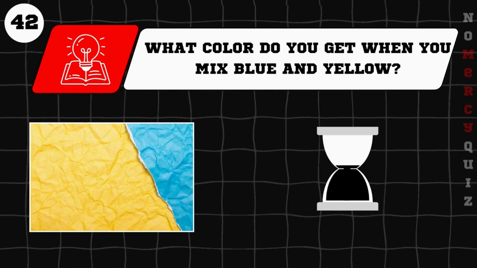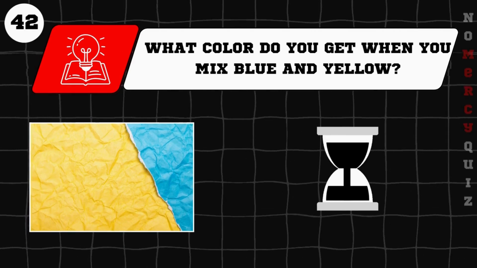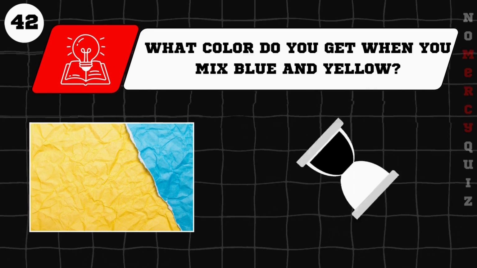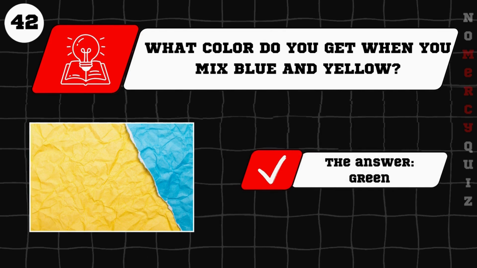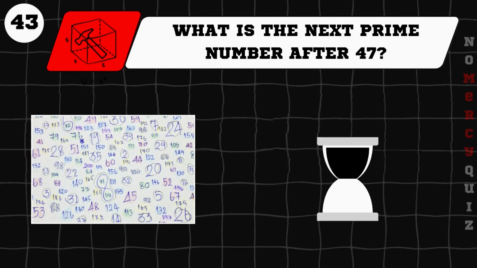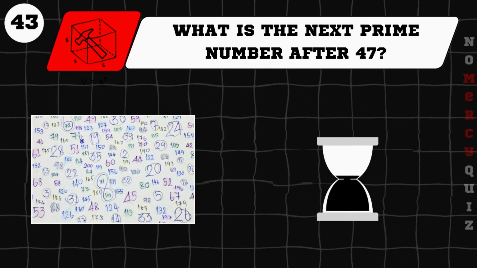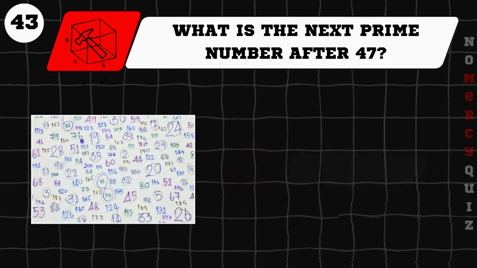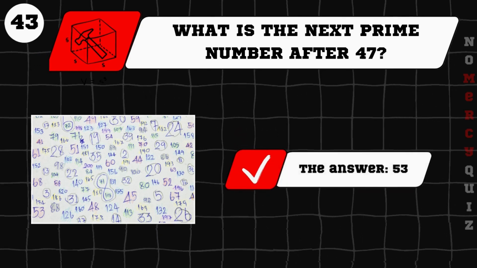What color do you get when you mix blue and yellow? Green. What is the next prime number after 47? 53.